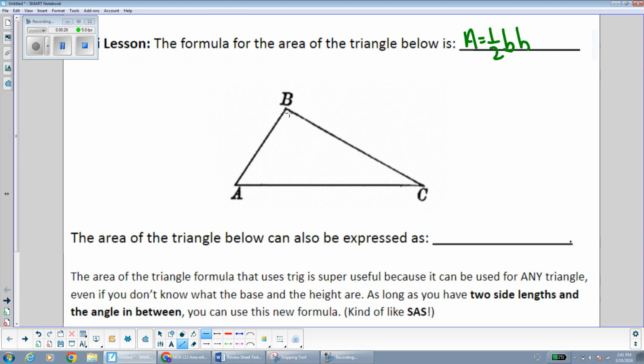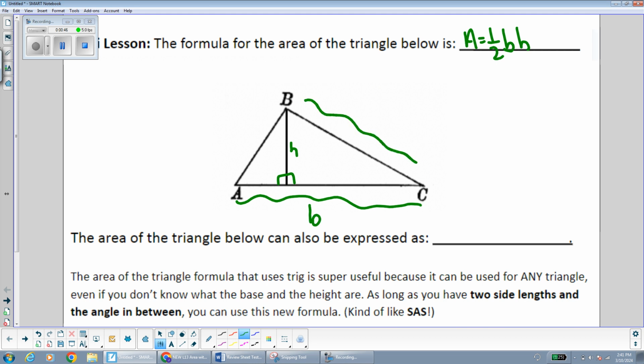First, I'm going to drop in an altitude to represent the height of this triangle, and I'm going to label it H for height. Across from angle B is side B of the triangle, and across from angle A is side A of the triangle.